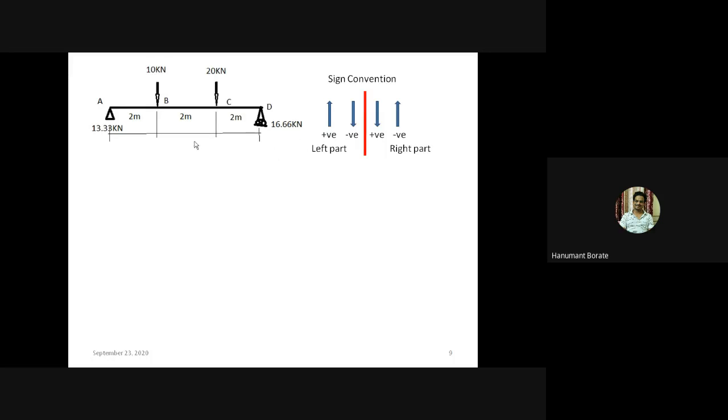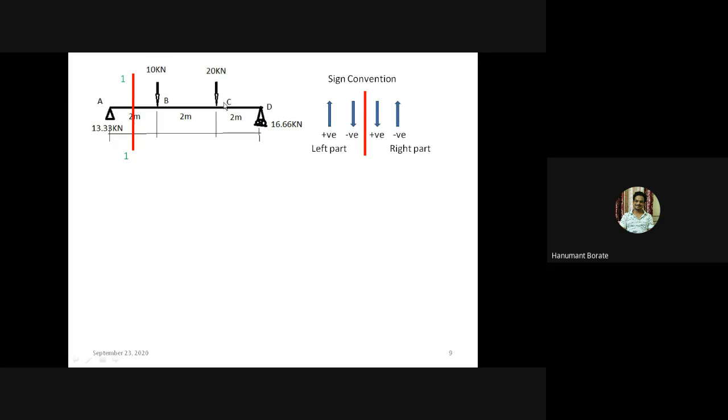Now we'll take a section. There is a rule for the section, we'll see it later on. Just now we are trying to understand the concept of shear force. We are taking the shear section at a distance of 1 meter. Then this section divides the beam into two parts, left part and right part.